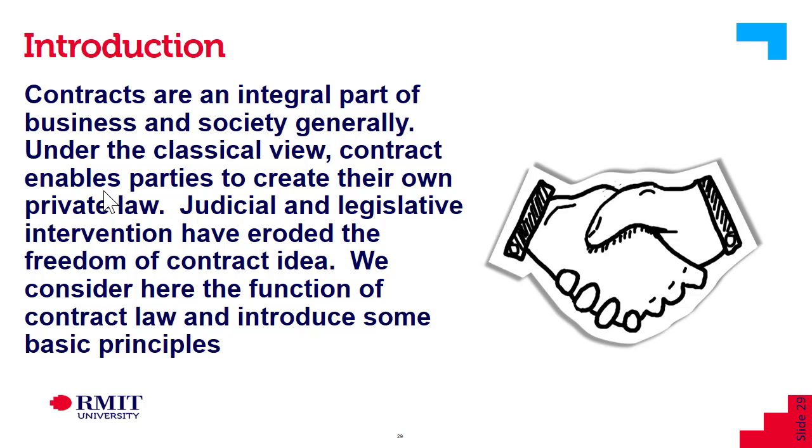Of course, we know that most contracts that we enter into, you can't negotiate. So the statutes have come in and said where you've got one party who dictates the terms, there are certain things that they need to do.